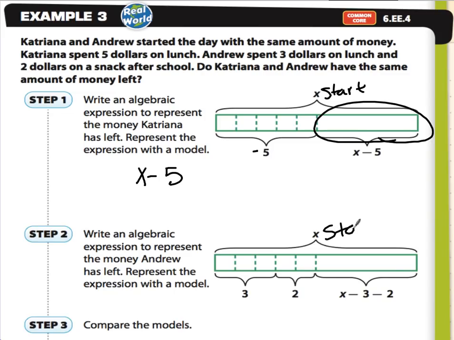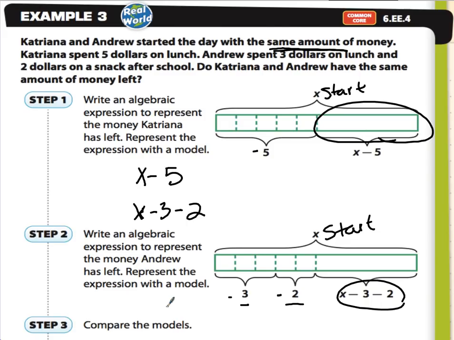Andrew also started with X amount of dollars, and we know that it's the same amount. That's really important to notice. And then he spent 3 and 2. So his expression will be X minus 3 minus 2.